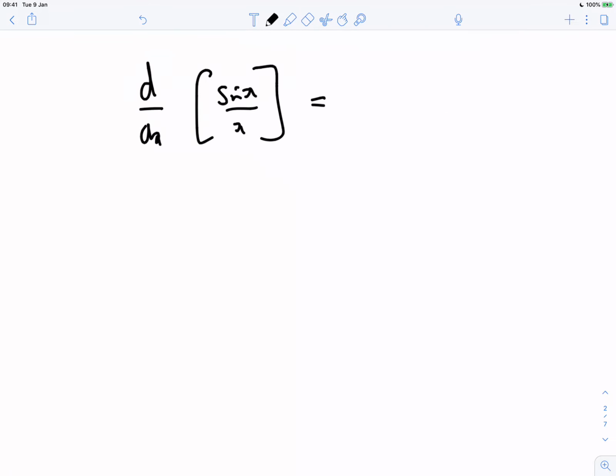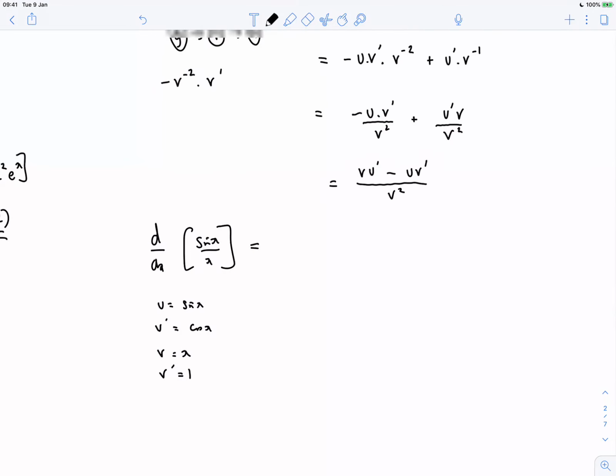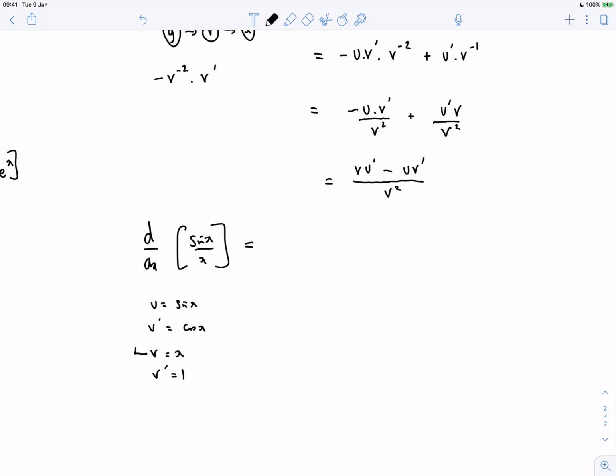Then my u is sine of x, my u dashed is cosine of x, my v is x, my v dashed is 1. So this is just going to be v u dashed, which is x cosine x, minus u v dashed, which is just sine x, all over v squared, which is just x squared. That's it. There's no real trick to this, you just have to work out the individual components and then plug it all together.